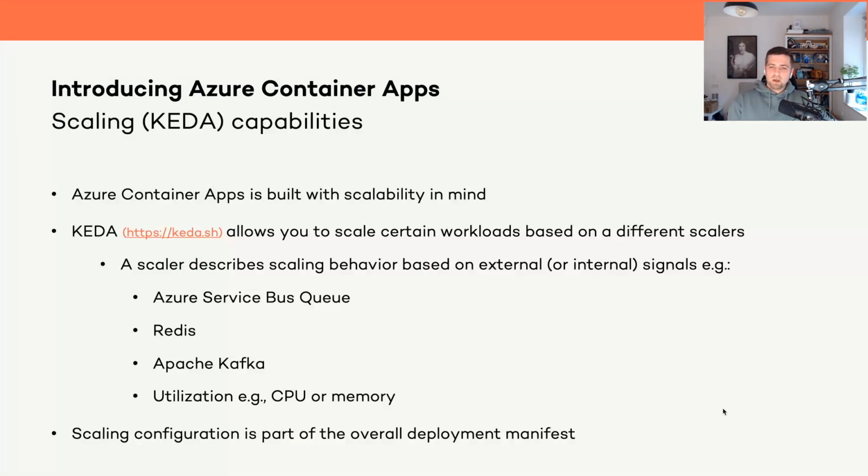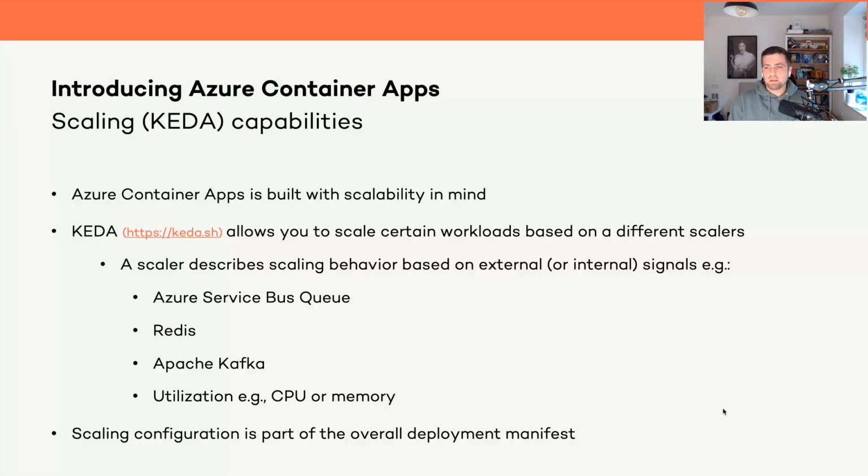And KEDA comes with so-called scalers. Scalers are like small connectors that we can use to instruct Kubernetes to scale, for example, from 0, so nothing happens, to, let's say, 10 instances of a worker service that should respond to messages in an Azure Service Bus queue, right? So we can spin up or scale depending on contextual load.